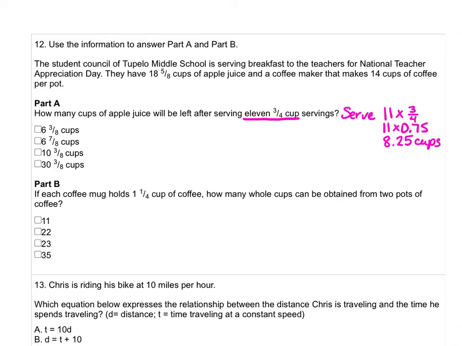So let's see what remains. What remains is 18 5/8, which I'm going to go ahead and change 5/8 to 0.625, minus 8.25.